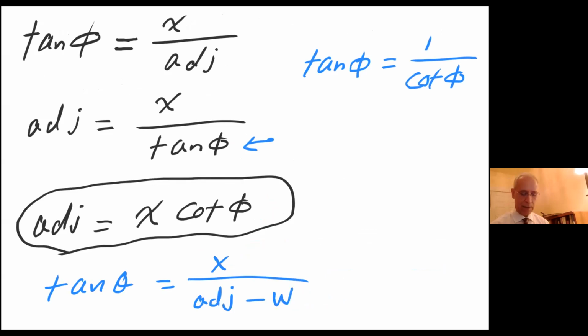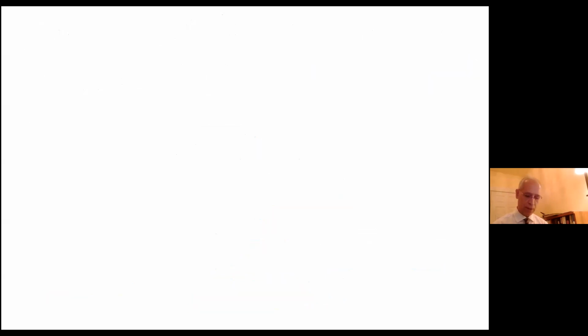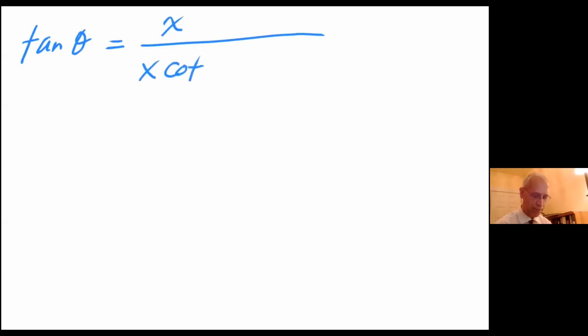And now I'm going to substitute x cotangent of phi for the adjacent. Let me go to the next page. So I will have tangent of theta equals x over x cotangent of phi minus w.